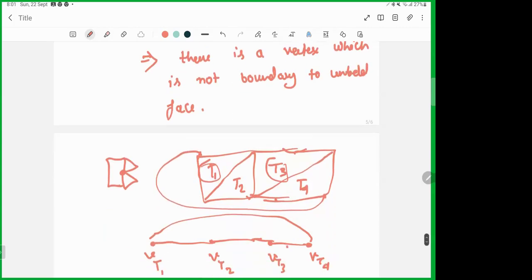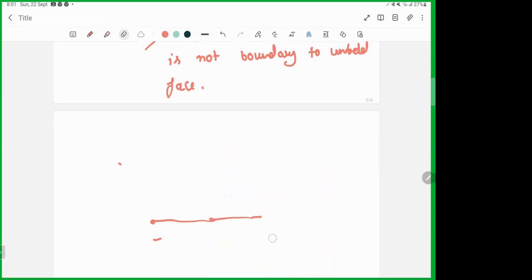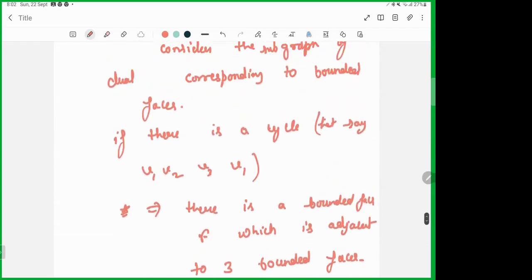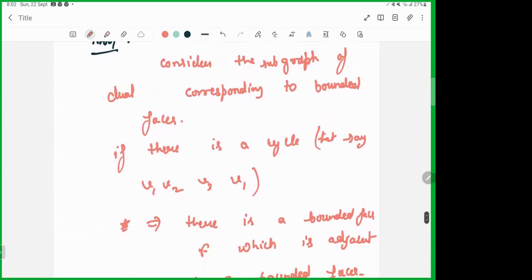This is a contradiction to outerplanarity of the graph. So that means what holds? That means it holds, what we are trying to do.